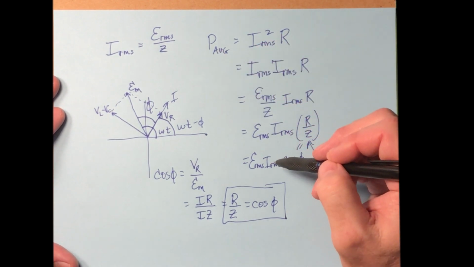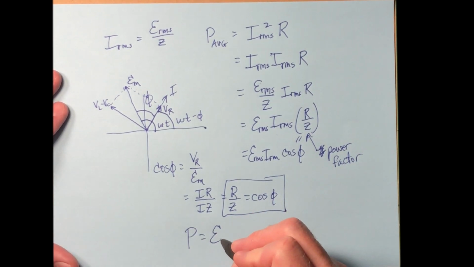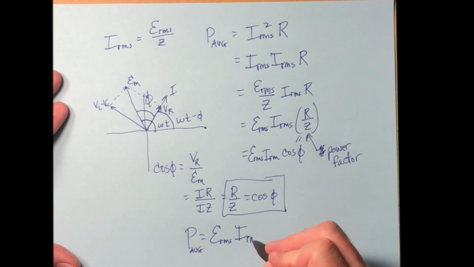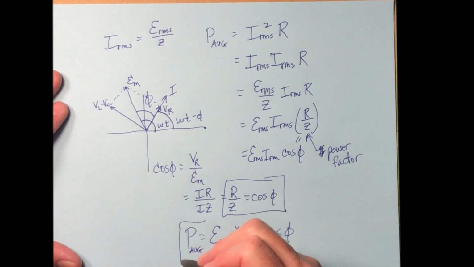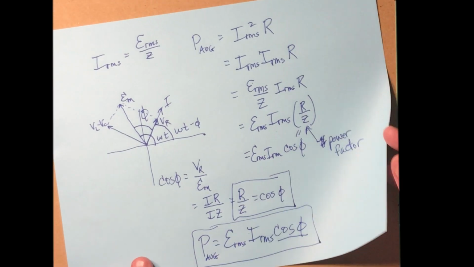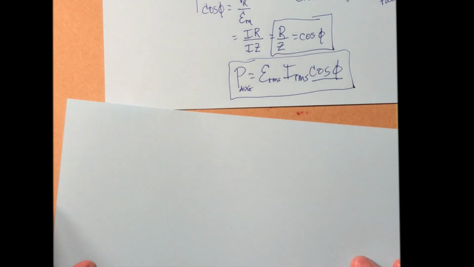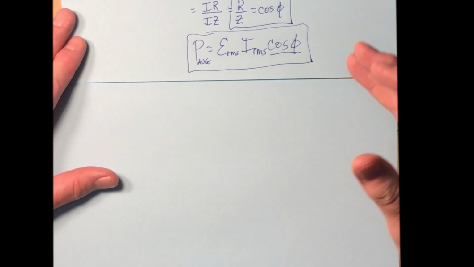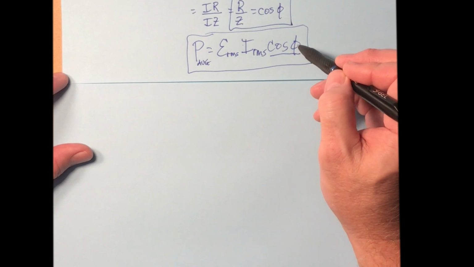Now, that's the way the average power can be written then. We have average power equal to E RMS times I RMS times the cosine of the phase angle. And it is the cosine of the phase angle that is known as the power factor. Okay, now that's kind of insightful, because if you are a power company and your goal is to maximize the power, to get the maximum amount of power to customers, then you want this cosine phi term to be 1.